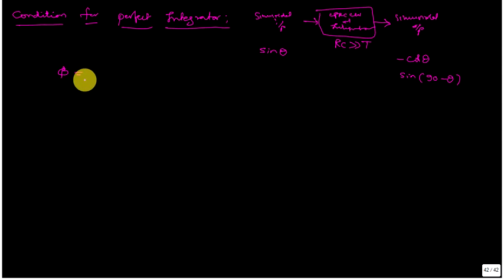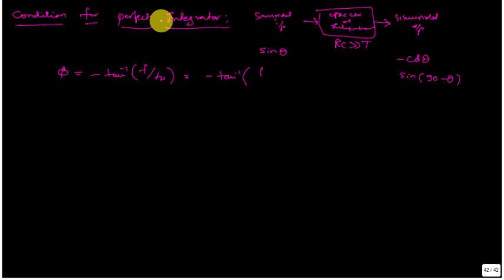Phi can be written as minus tan inverse of f by fH, where fH is 1 by 2 pi RC.